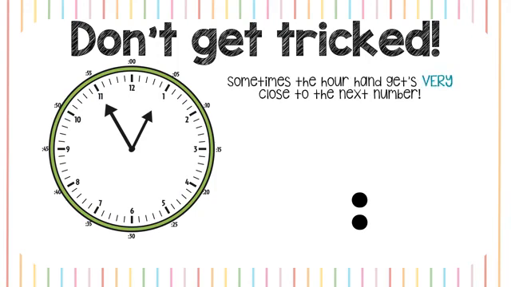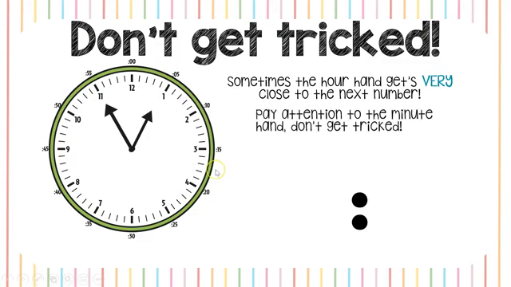Now, don't get tricked. Sometimes the hour hand gets very close to the next number. So we have to pay attention to the minute hand so that we don't get tricked. This hour hand looks very, very close to 1, but our minute hand hasn't quite reached the 12 yet to tell us that it's a new hour.